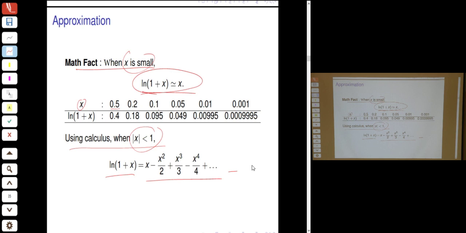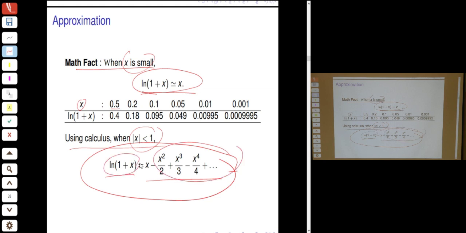Any questions? This is the basic expansion of the logarithm of 1 plus x, and the point is that for x very small, the higher order terms are super tiny, so essentially log of 1 plus x is approximately equal to x.